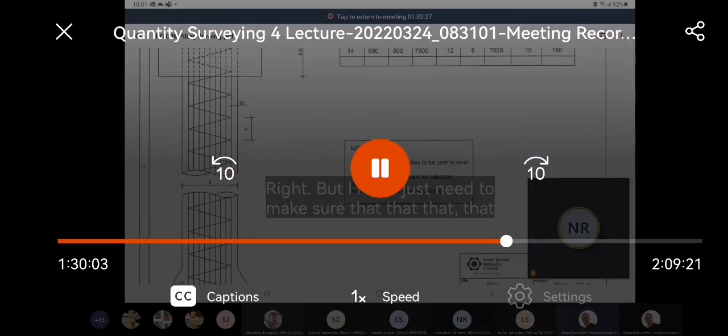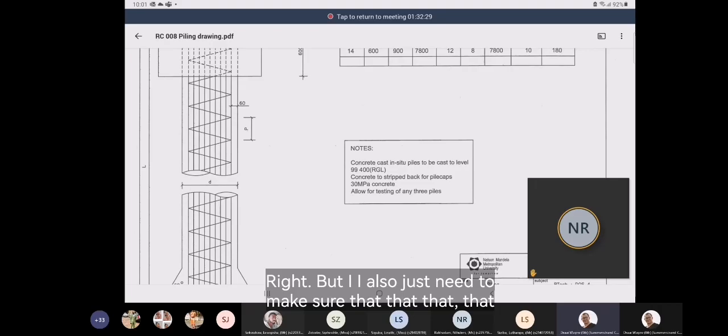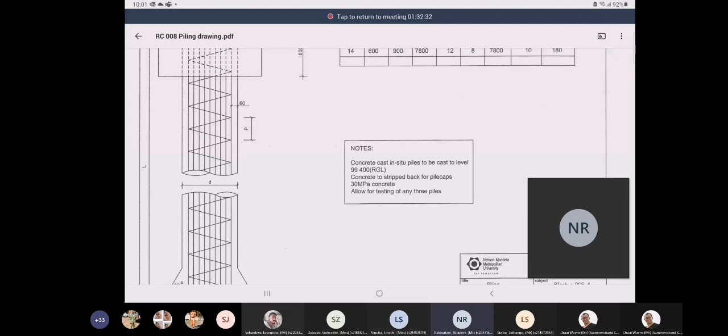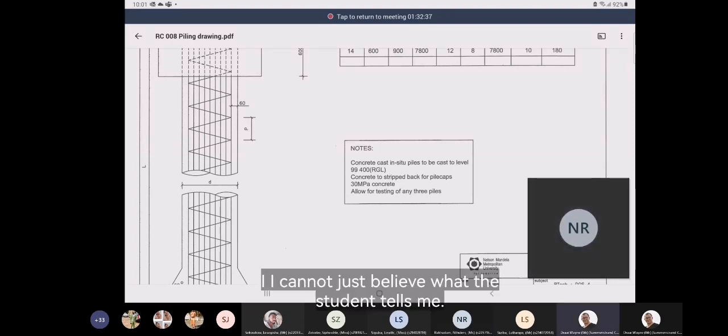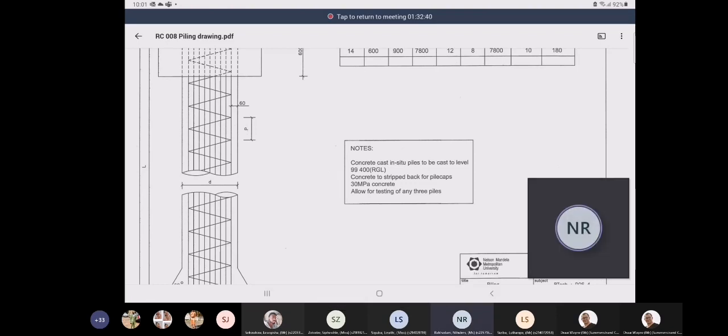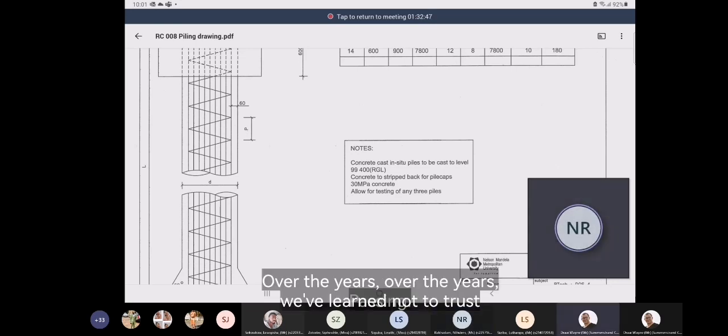Right? But I also just need to make sure that what you are telling me is in fact correct, you know. Okay. Well, I cannot just believe what the student tells me. What do you mean? Over the years, we've learned not to trust students.